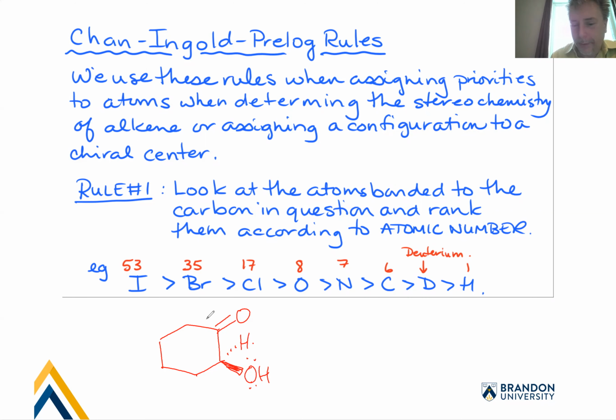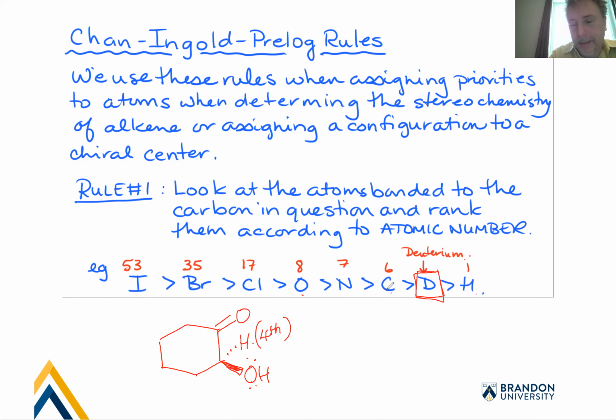Hydrogen's atomic number is 1, and compare that to oxygen and carbon: oxygen's 8, carbon 6. So poor little hydrogen is going to be 4th. We can tell that right away compared to the other 3. Its atomic number is 1. Our friend deuterium, the isotope of hydrogen, because it's an isotope, we consider that 2, so it'll be higher priority than H.